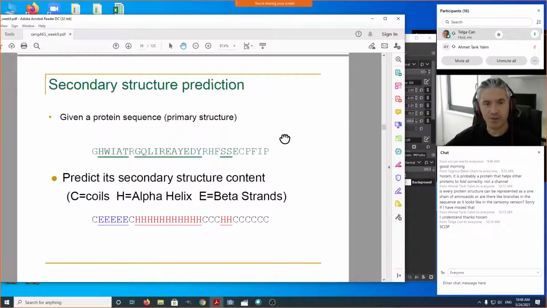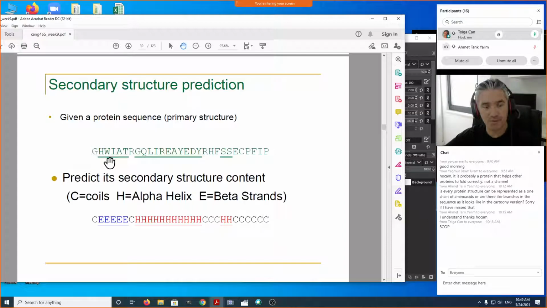Secondary structure prediction, I'm not going to go into too much detail about it. As I told you, it's a one-dimensional structure prediction method, and it's, most of the time, the first step in three-dimensional structure prediction.